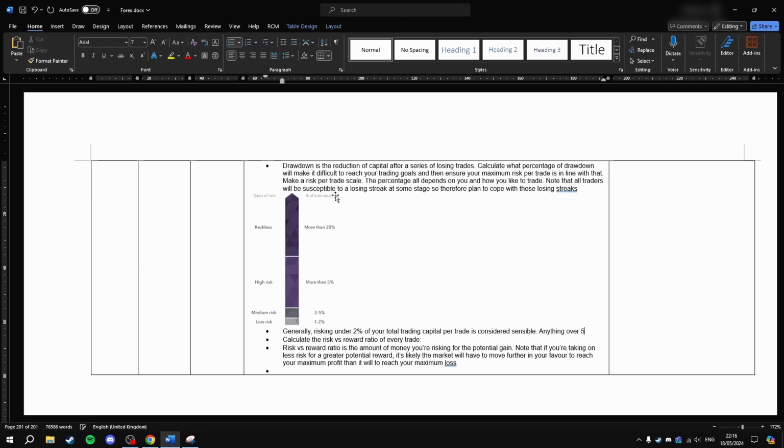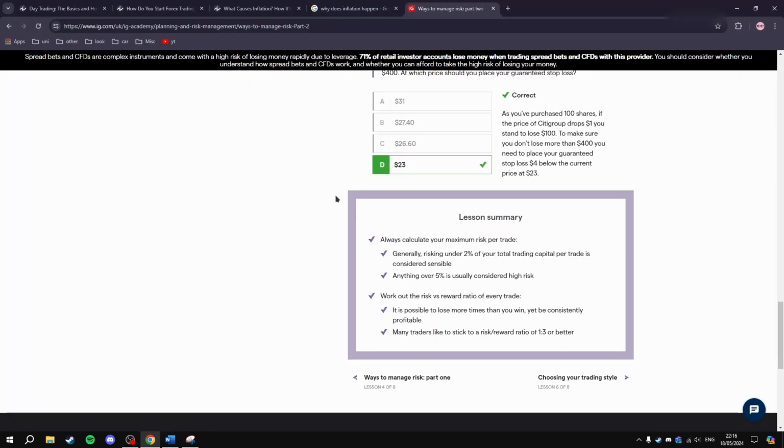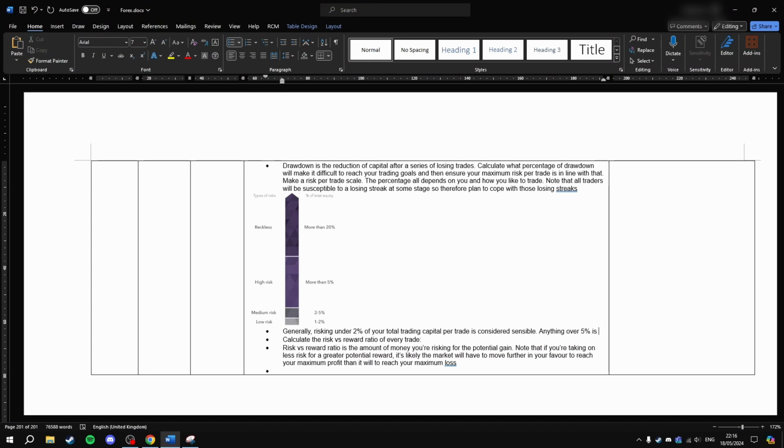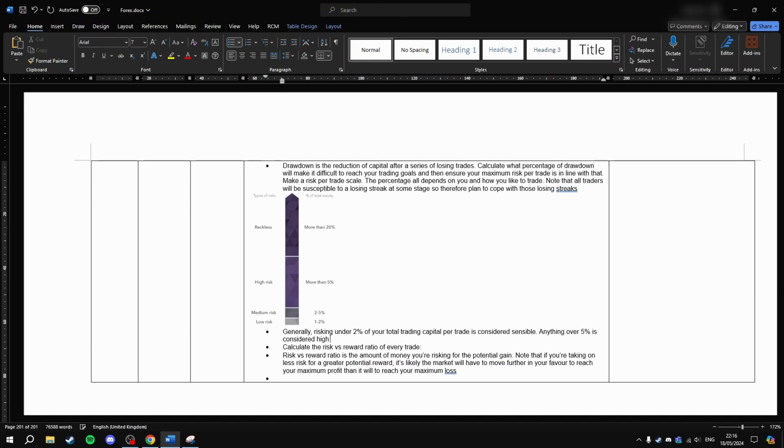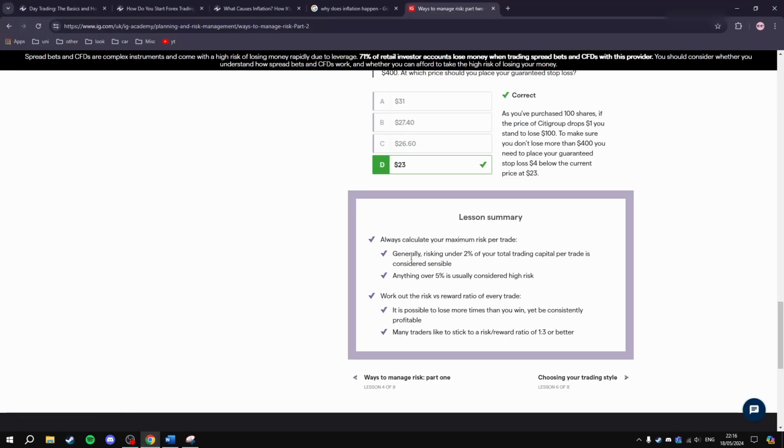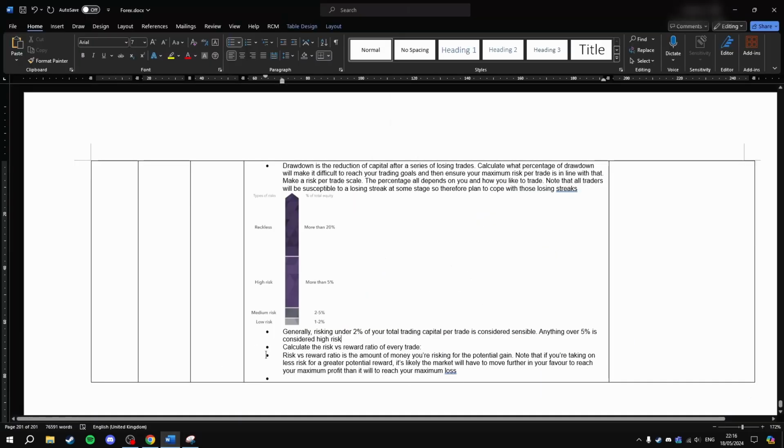Anything over 5% is considered high risk. Many traders like to use a reward to risk ratio of 1 to 3 or better.